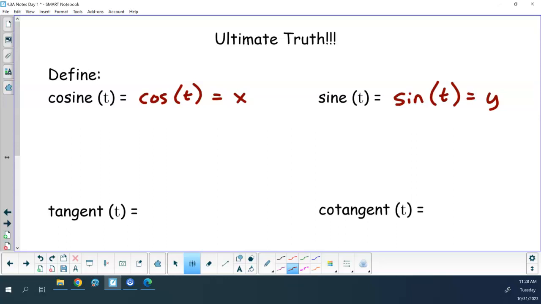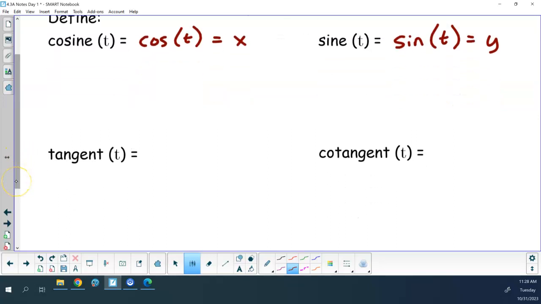Tangent, you're going to refer to it at some point as tan, and that's the one that you really get. Tan, it's tan. Tangent of any point, or of the angle, is equal to the y value over the x value.